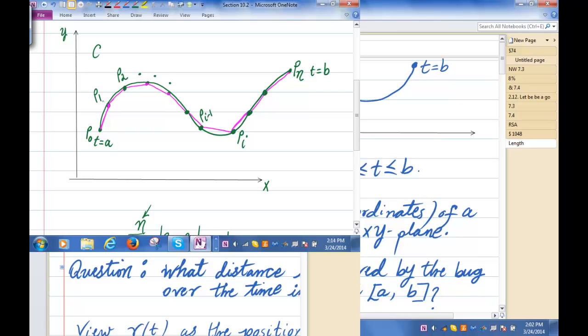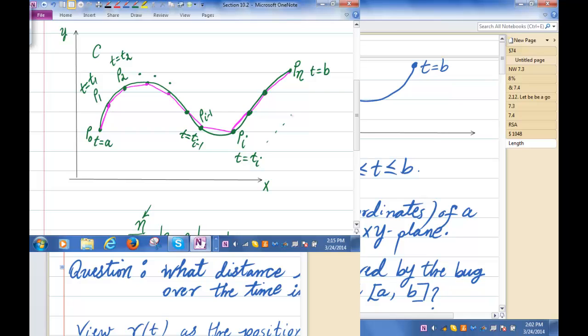Now let's say P1 is traced when t is t1. P2 is traced when t is t2. Am I making sense? And P(i-1) will be traced when t is t(i-1). Pi is traced when t is ti, and so on. Everybody's okay?